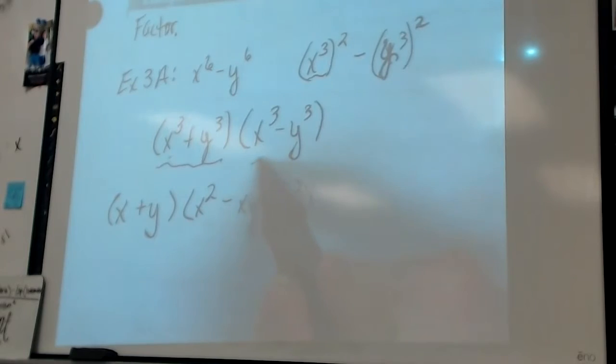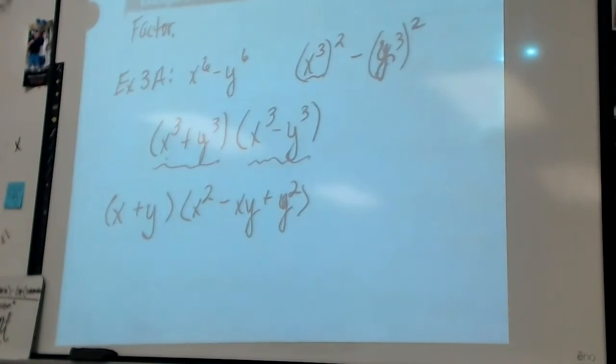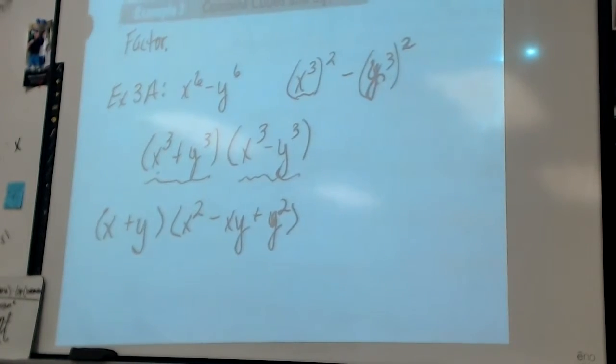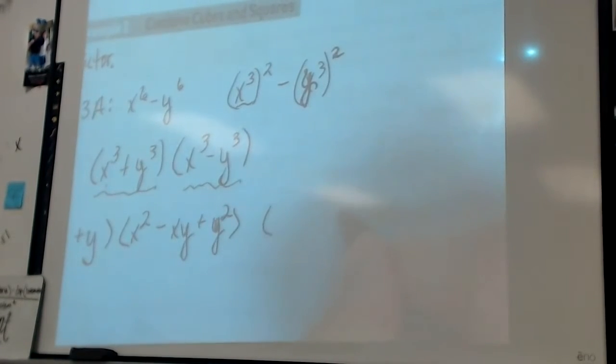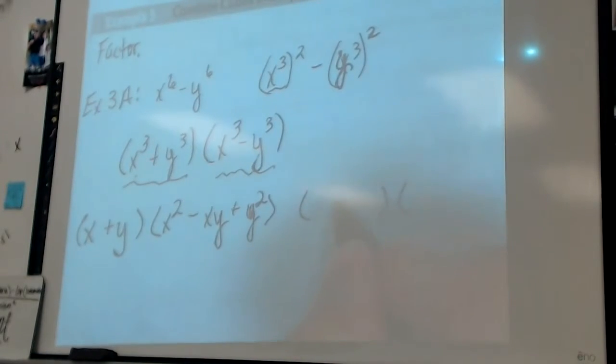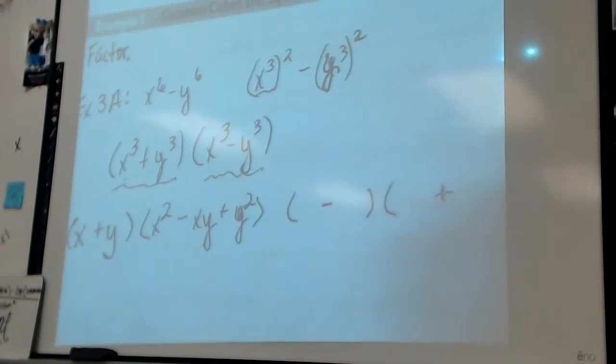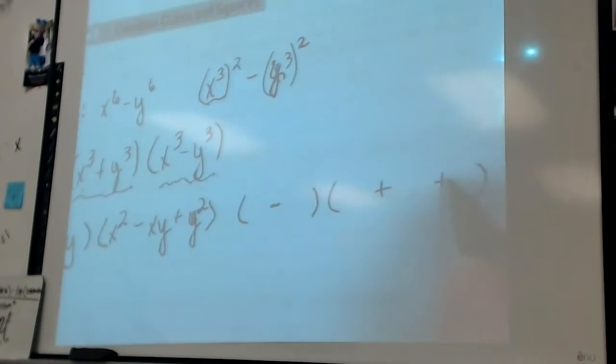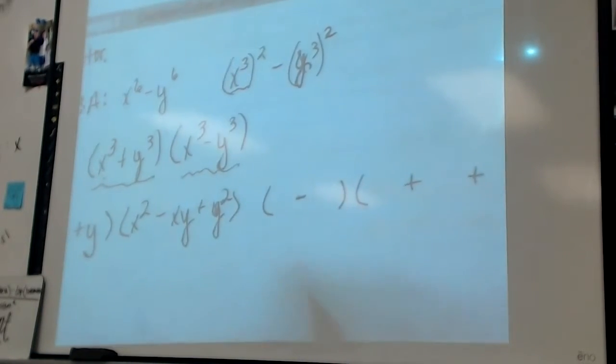Now look at this one. What is that one? A difference of cubes. Okay, so we're going to have the same idea, except we're going to have a negative here and then 2 pluses here. And everything else will be the same.